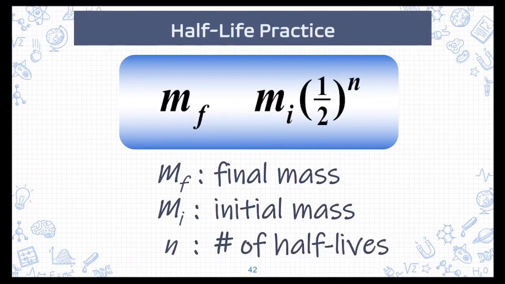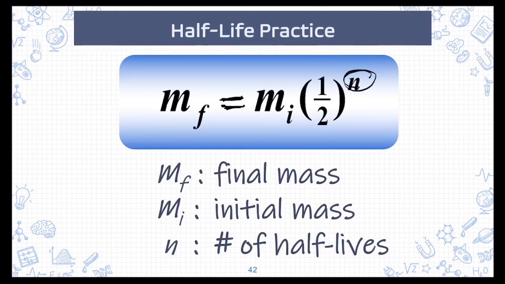Sometimes it's helpful to use an algebraic expression to solve for the different variables in half-life problems. So this is an example of an optional equation that you can use if you find it helpful. Otherwise, you can simply stick with the table or chart to organize your work. The m sub f represents the final mass of the isotope, the m sub i represents the initial mass, and the n here represents the number of half-lives.